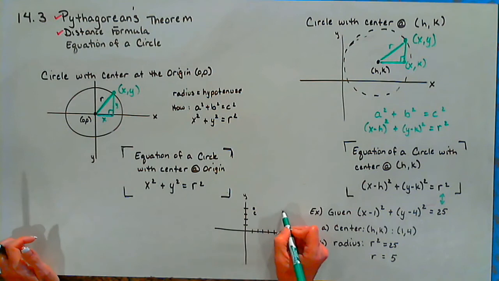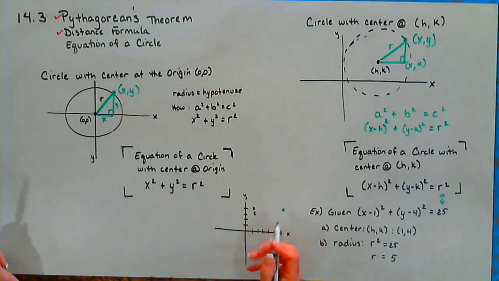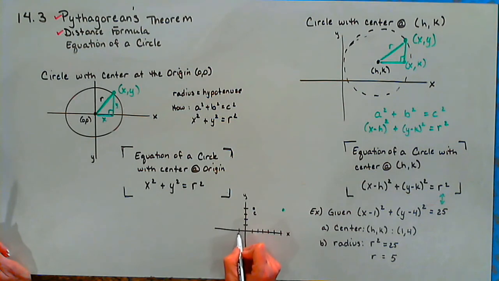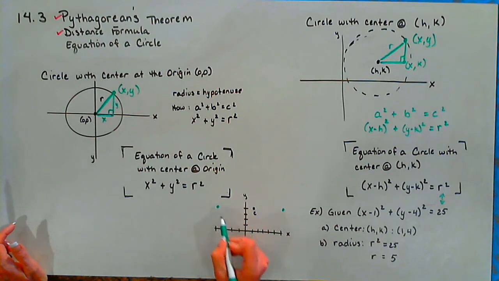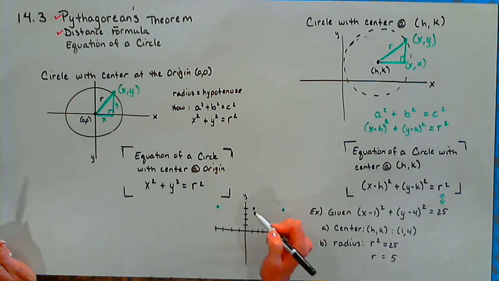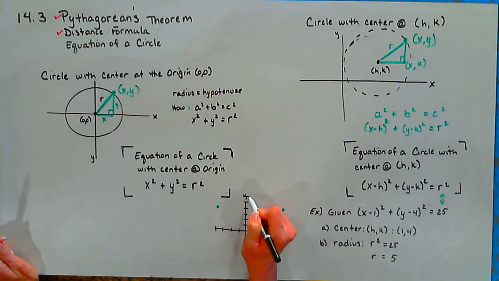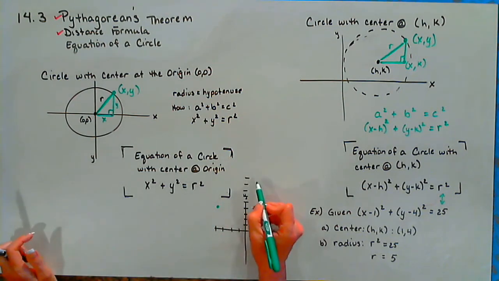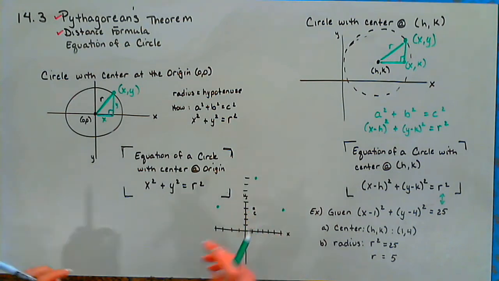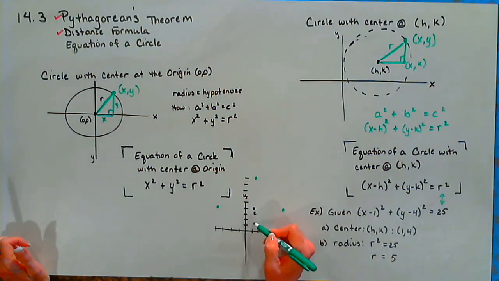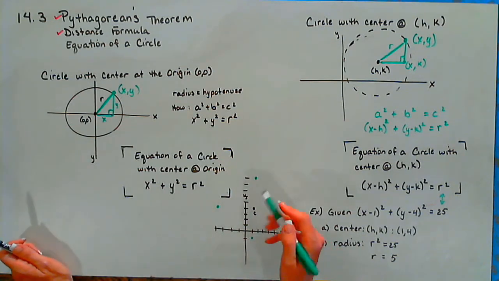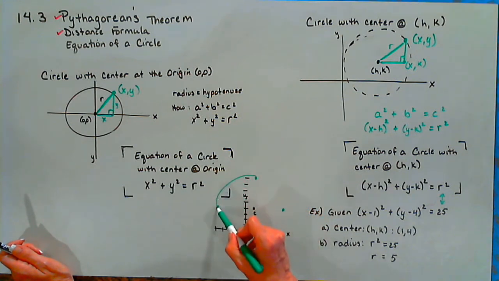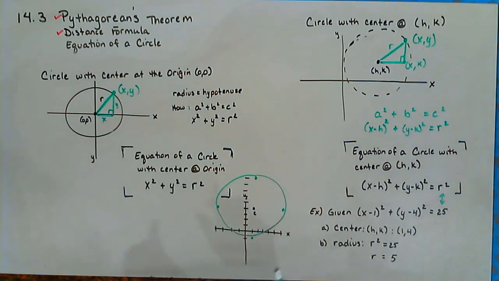And I go 5 in the opposite direction as well. In the y direction, I also need to go up 5: 1, 2, 3, 4, 5. And I would need to go in the opposite direction: 1, 2, 3, 4, 5. And then the most challenging part is going to be trying to draw your circle, connecting the dots so that it looks somewhat circular. Okay?